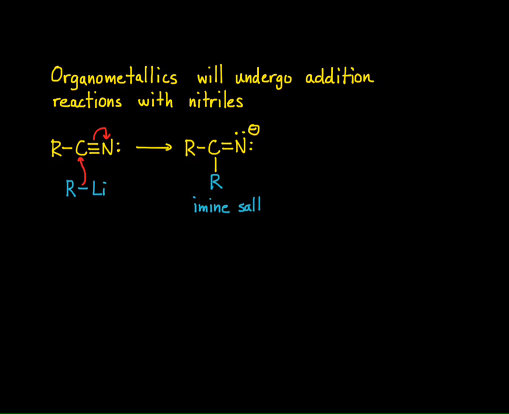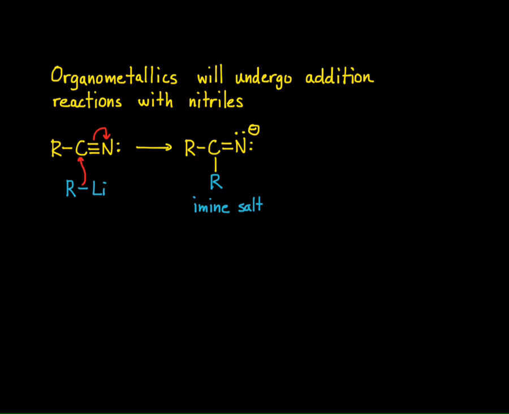It's called an imine salt, and that's the result of the reaction of an organolithium. So very similar to the reaction of ketones and aldehydes, organolithiums will react with these carbon pi bond systems, and you generate a salt.